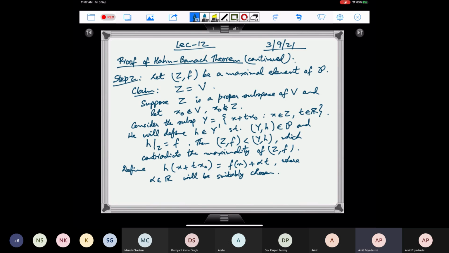it satisfies the property. So basically, what is the property that we want? That h should be less than or equal to p, the convex functional that was given.